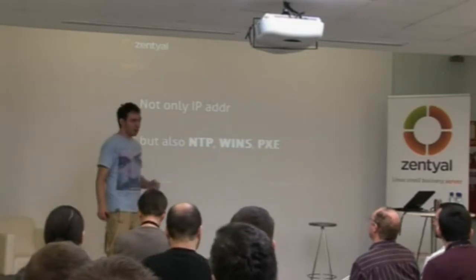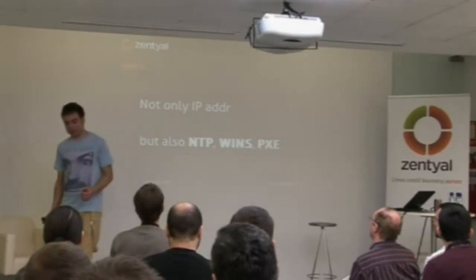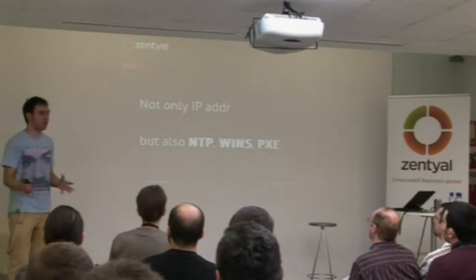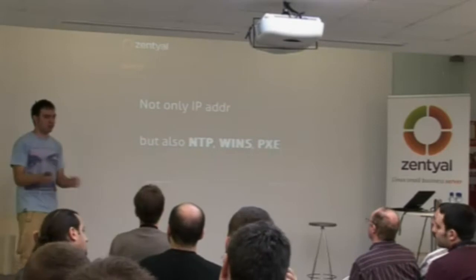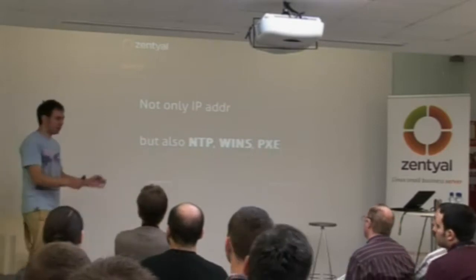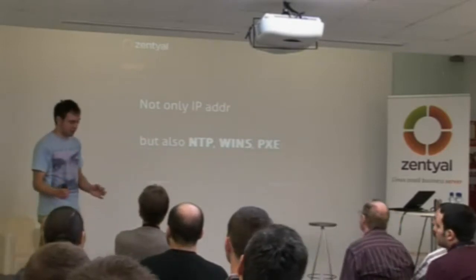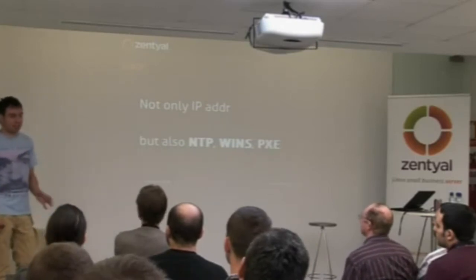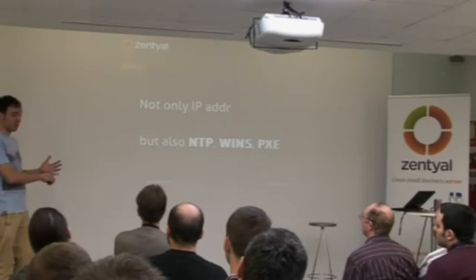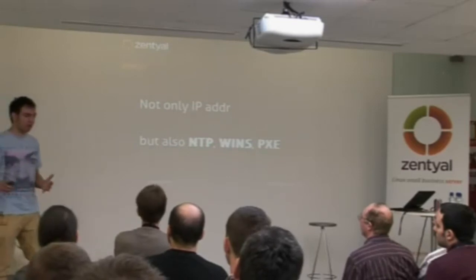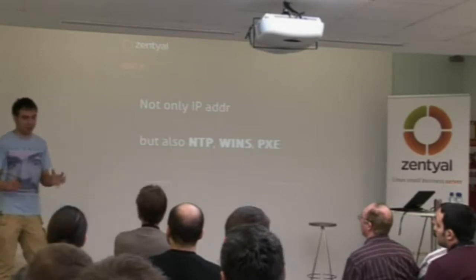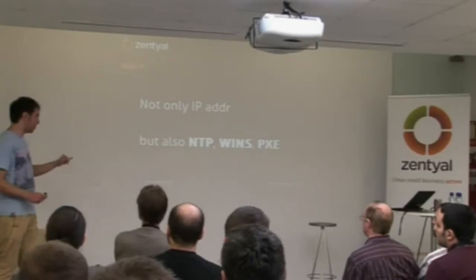DHCP. What is DHCP useful for? For auto-configuring your network, but not only for that. We all know that it's very handy to move your laptop from one place to the other. Just plug in the network wire and it works. DHCP is very useful for other things. DNS, but NTP, we will talk about NTP later, but you can auto-configure NTP in your clients out of the box using DHCP.